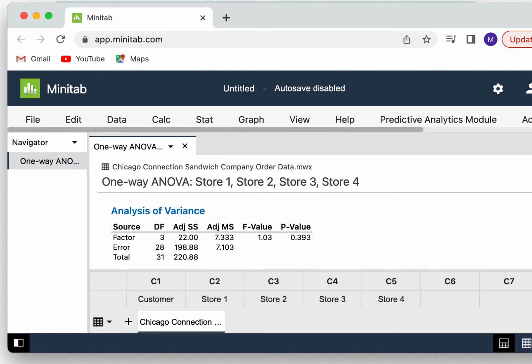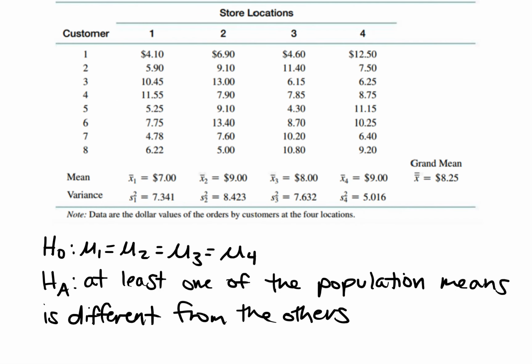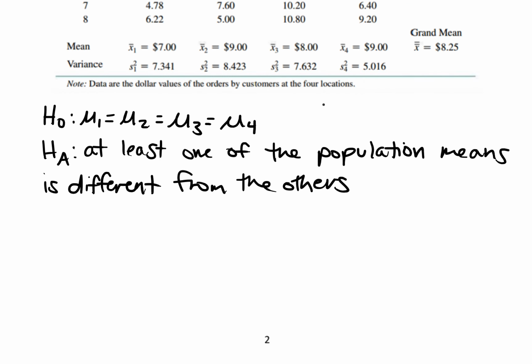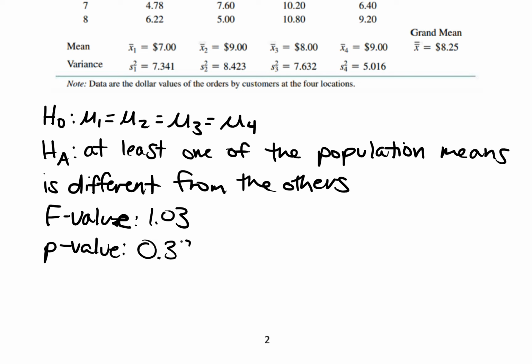So I'm going to write these down: F value 1.03 and p-value of 0.393. Again, we are comparing that to our alpha, which in this problem was 0.05.